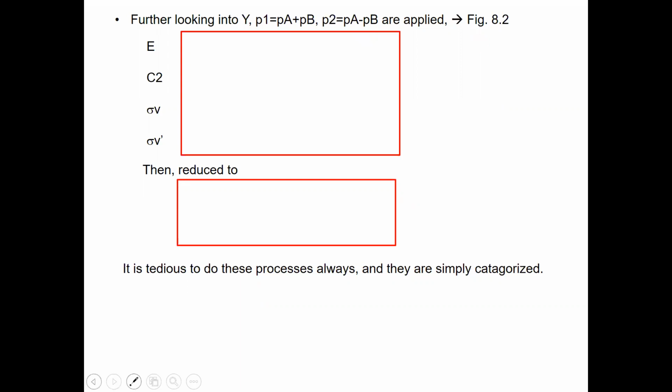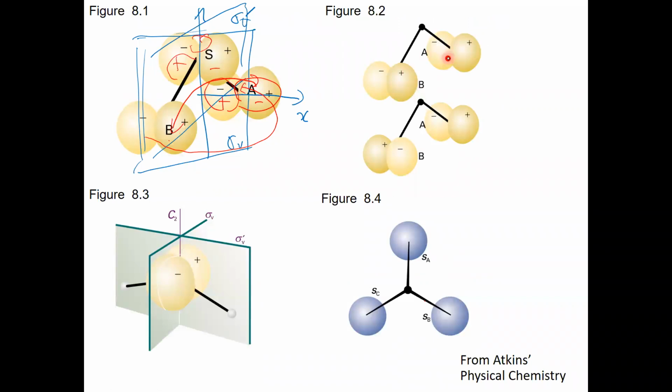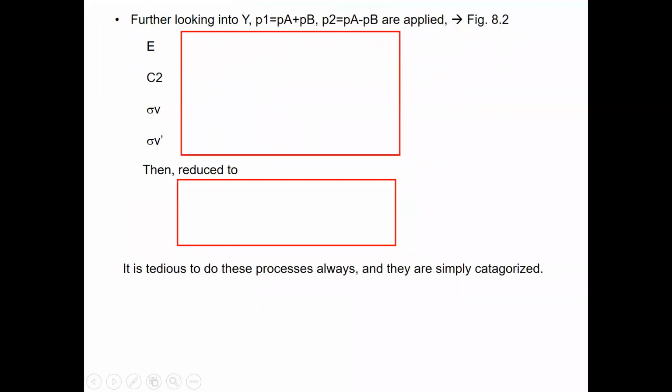So what it means, PA plus PB and PA minus PB, is something like this. This is PA plus PB. By summing these two orbitals, you are going to think about a single molecular orbital. And this one is PA minus PB. So this one is P1, this one is P2. By thinking about these kinds of orbitals, again we are going to think about the transformation matrix.